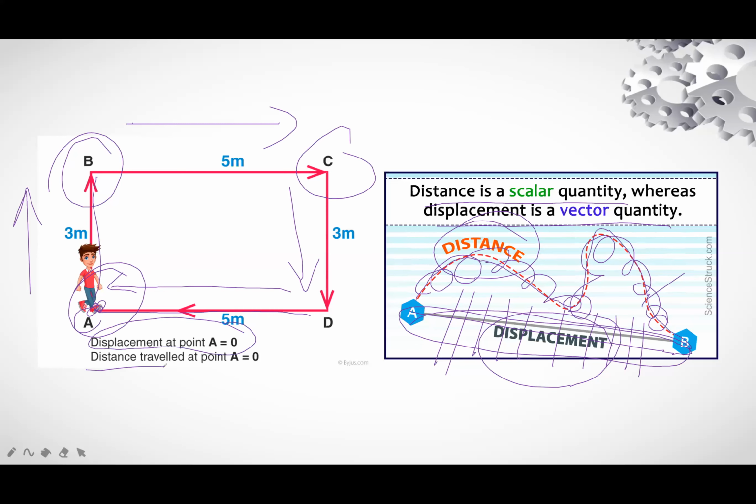The distance traveled is 5, 3, 5, 3, which totals 16 meters. So the actual path traveled by the body is the distance, 16 meters, but the displacement is zero because the initial and final point is the same.